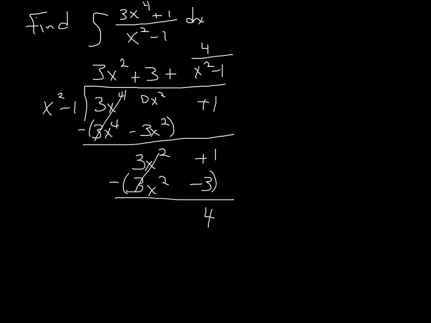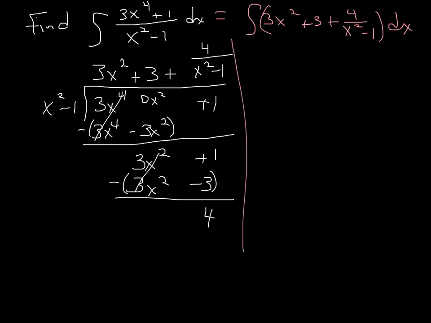So I'm going to rewrite my integral up here as the integral of 3x squared plus 3 plus 4 over x squared minus 1 dx. And I can integrate the 3x squared and the 3 like normal, and then I would use partial fractions to integrate the 4 over x squared minus 1.